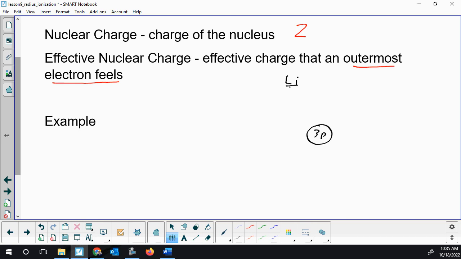So we're going to look at what does an outer electron feel, or what's the effective nuclear charge for an outermost lithium electron. So I started with the nucleus that would have 3 protons. The neutron count wouldn't matter. Neutrons would not affect what an electron would feel charge-wise. So it doesn't matter what isotope we have. So I'm not going to put in a neutron count.